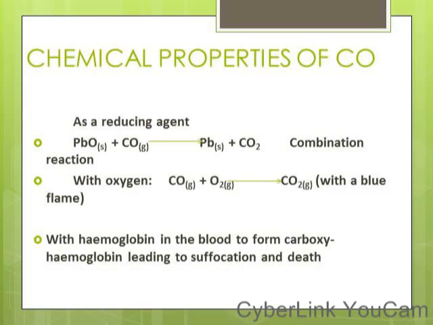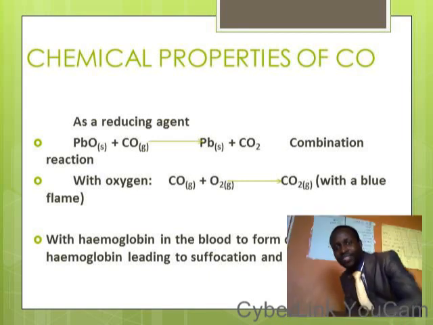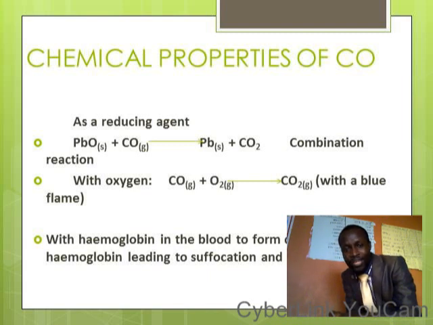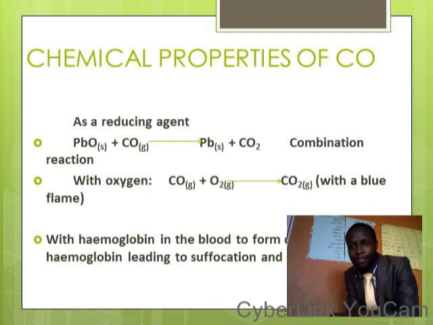So let us now see our work for today. Chemical properties of CO. CO is not carbon 4, it is carbon 2 oxide. Number one chemical property of this carbon 2 oxide is as a reducing agent.